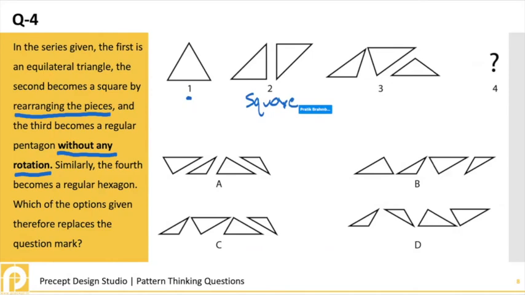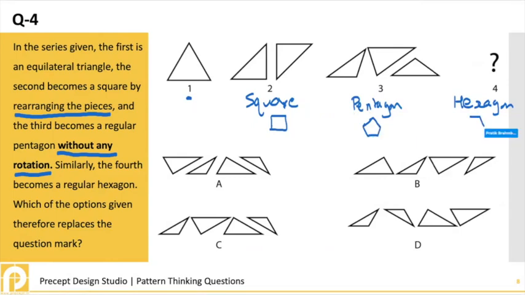Third one that we are given is actually a pentagon. And the fourth one will become a hexagon. This is a square, a pentagon, and a hexagon. All right. Now, it is already given. So many clear instructions are there.